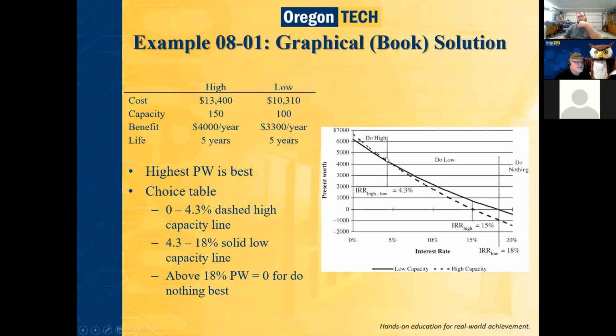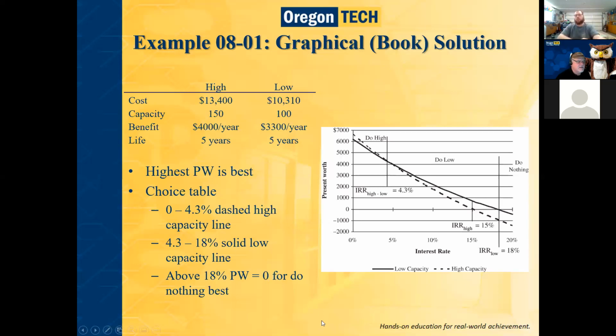How do they know that? They just looked at the graph and said, oh, that's about 4.3. Then they put it in and said, oh yes, they equal each other at this rate of return. Then at that rate, all of a sudden things switch, and for interest rates from 4.3 down to here, the low capacity gives you a better rate of return compared to the dotted line, which is the high capacity.